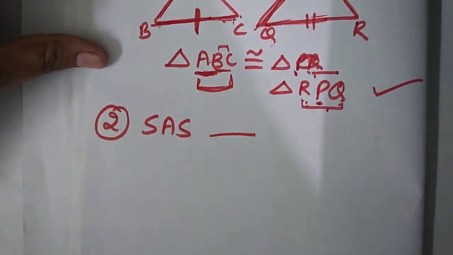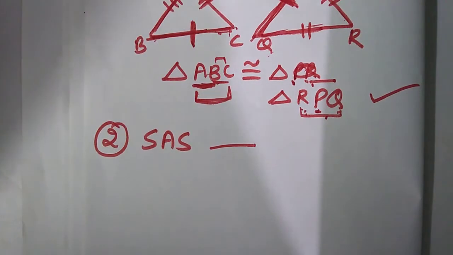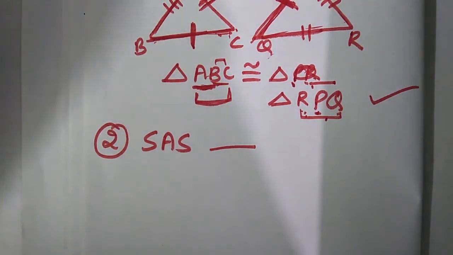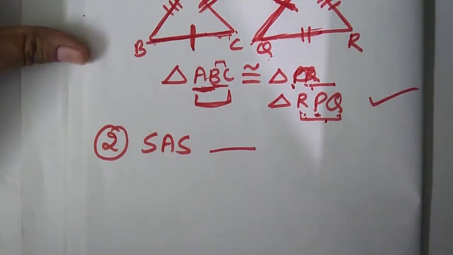It states that two triangles are congruent if two sides and the angle included between them in one of the triangles are equal to the corresponding sides and the angle included between them of the other triangle.